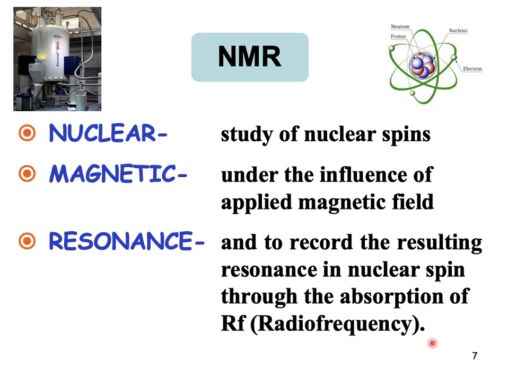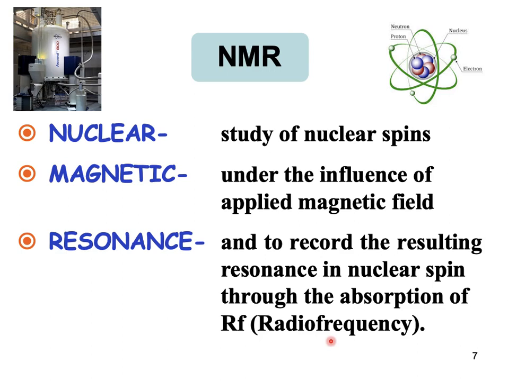After the absorption of radio frequency, the resonance phenomenon occurs. As a result, we can get information about the nuclei of the molecule. So nuclear magnetic resonance spectroscopy involves the study of interaction between electromagnetic radiation and nuclei of atoms.